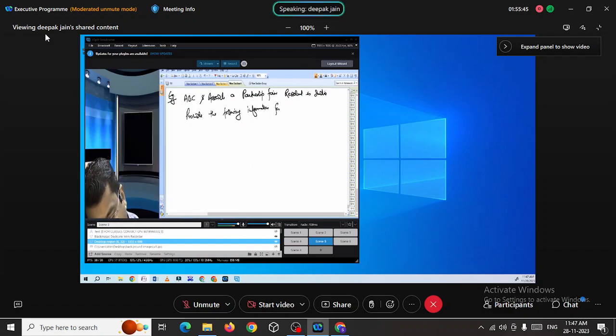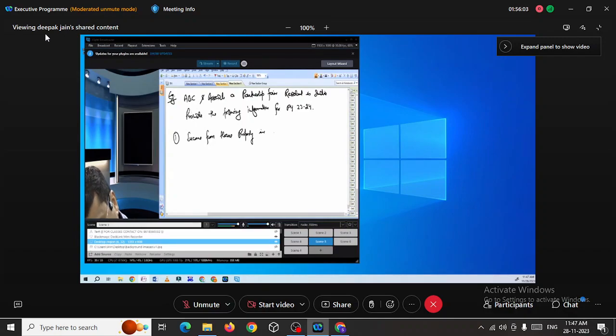For previous year 23-24, income from house property in England, rupee 20 lakh.